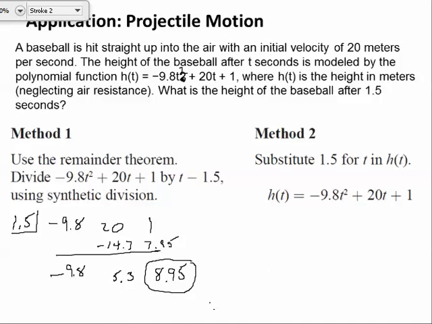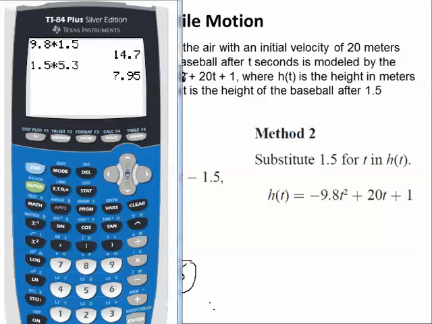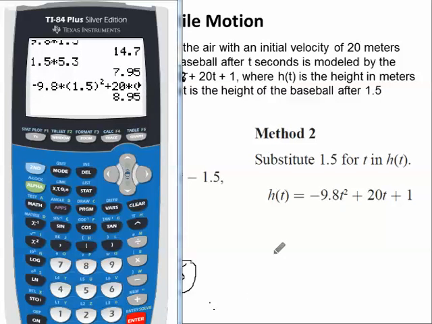I'm saying that it'll be 8.95 using synthetic division. Using this other method, negative 9.8 times 1.5 squared, plus 20 times 1.5, plus 1 gives you a total of 8.95.